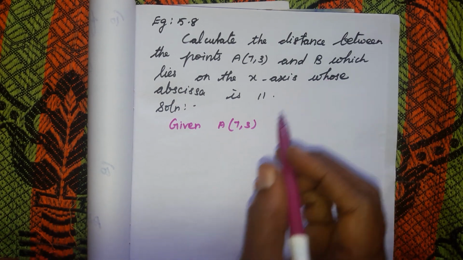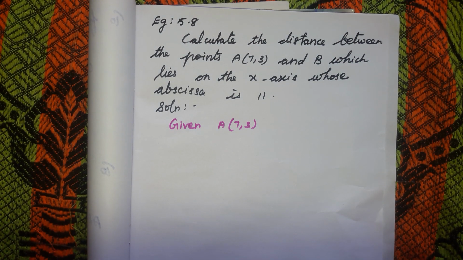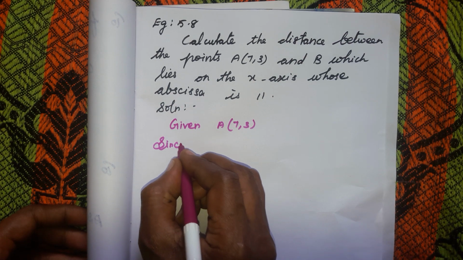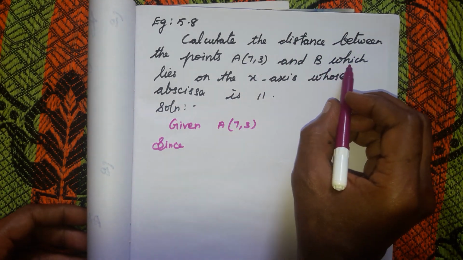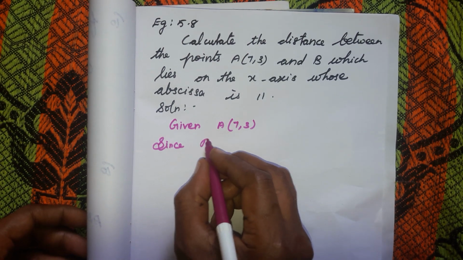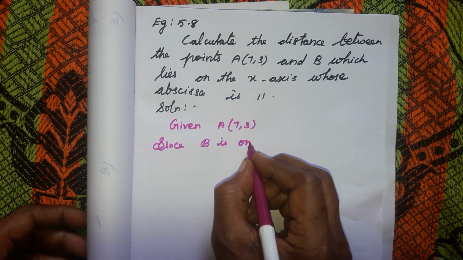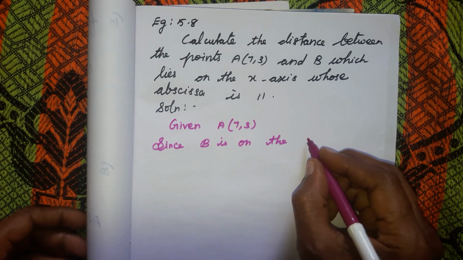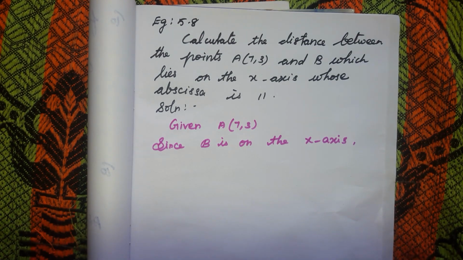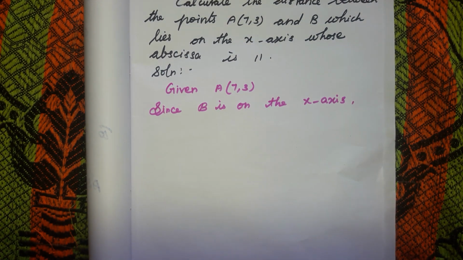Next, B is on the x-axis. Since B is on the x-axis, if the point is on the x-axis, the y coordinate is 0.